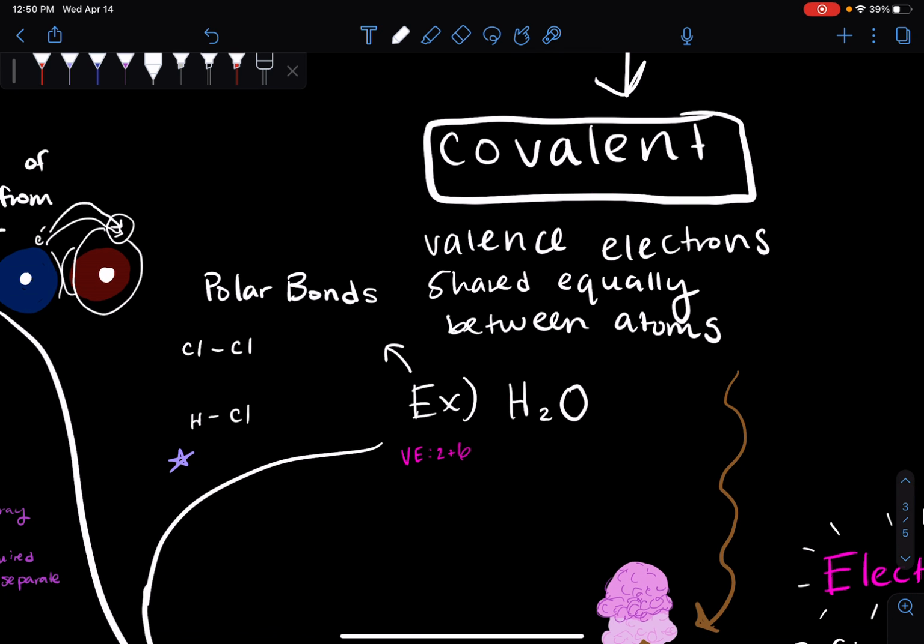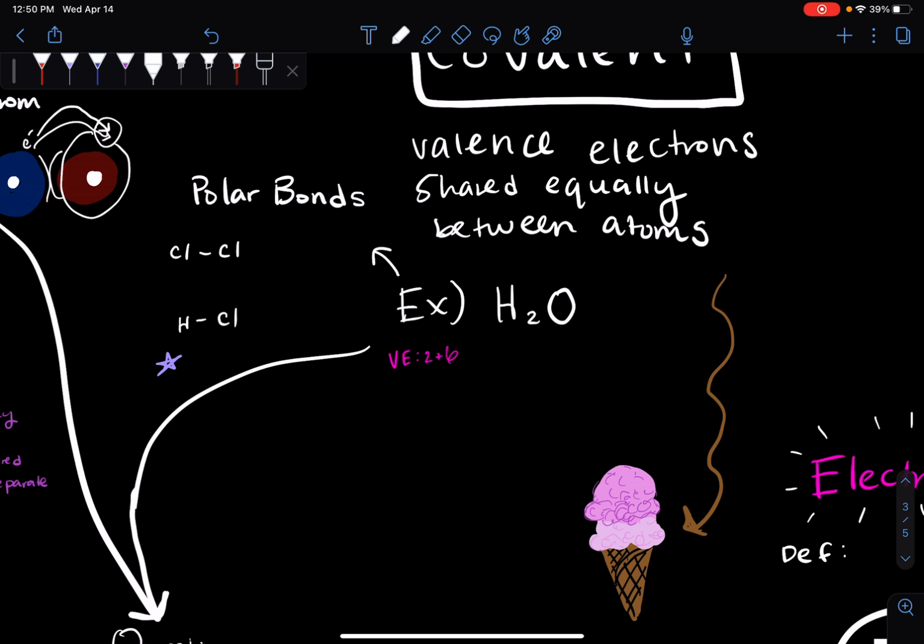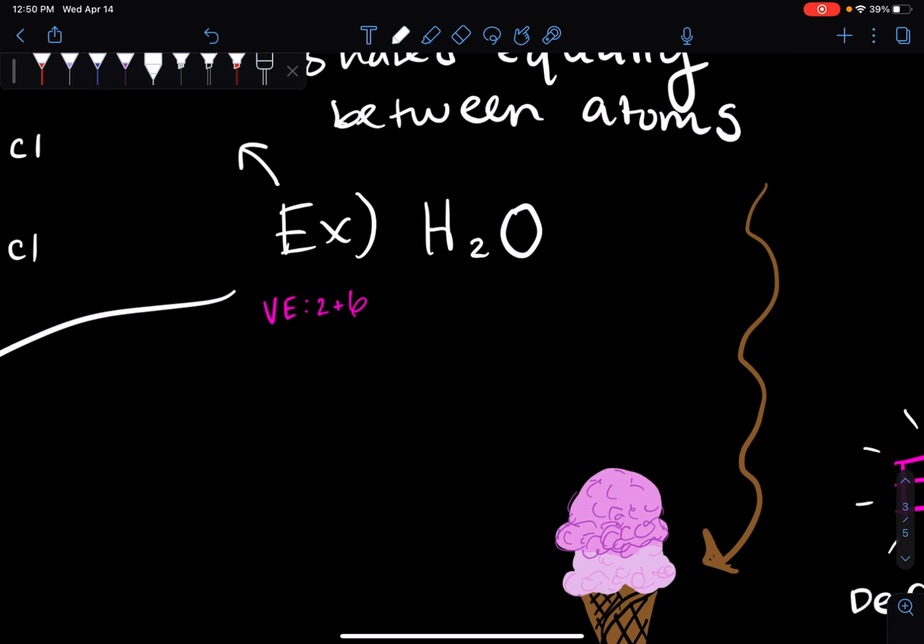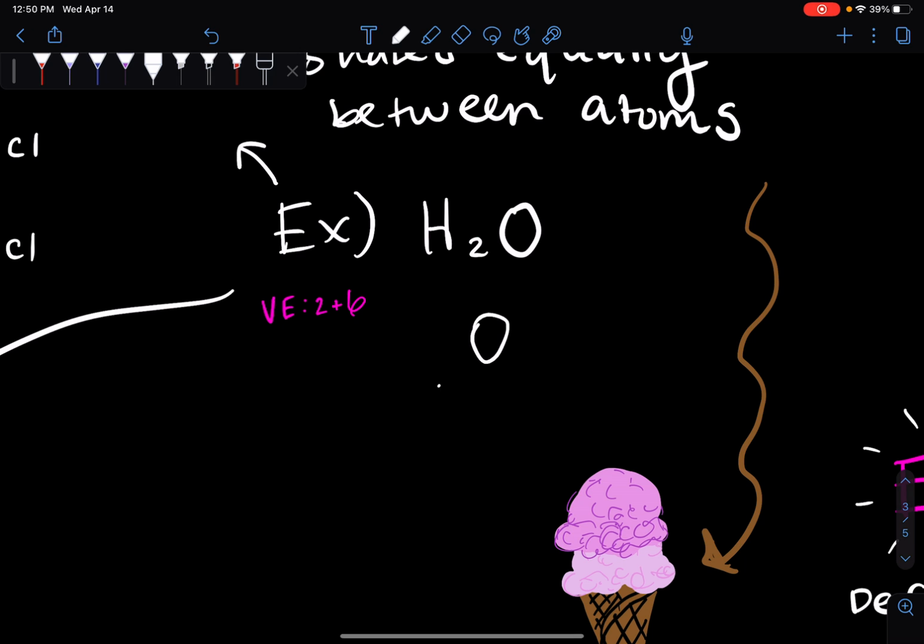So, covalent bonds are just valence electrons shared equally between atoms. An example of this is going to be H2O. Here I'm going to have an oxygen and hydrogens, right? And if I draw out the bonds, we're going to have 8 valence electrons, 2 from the hydrogens and 6 from the oxygen.